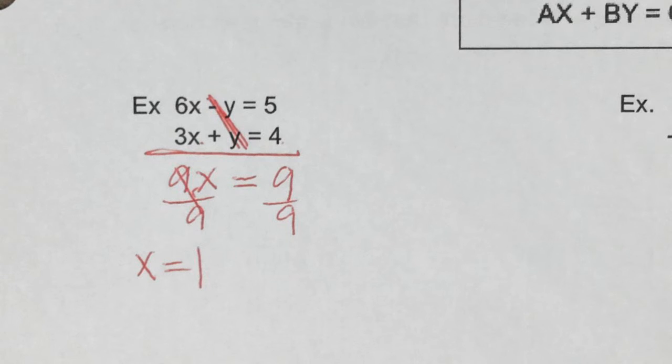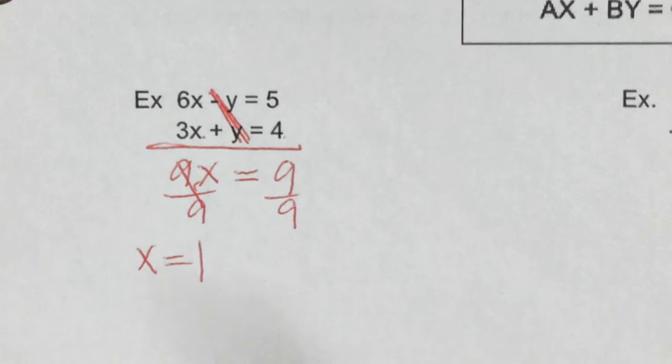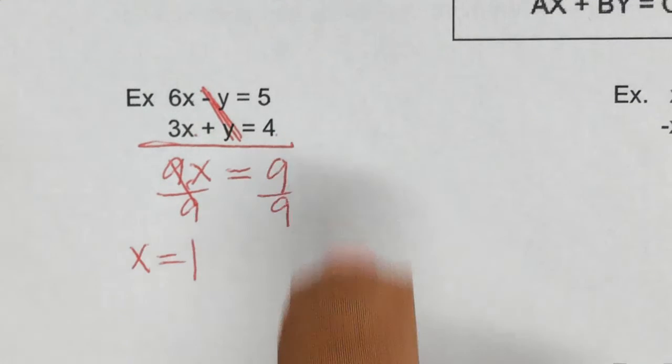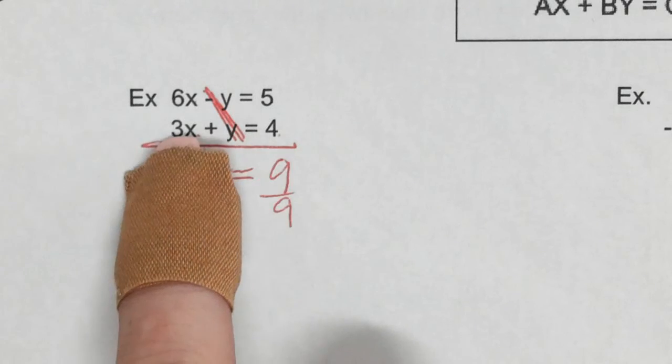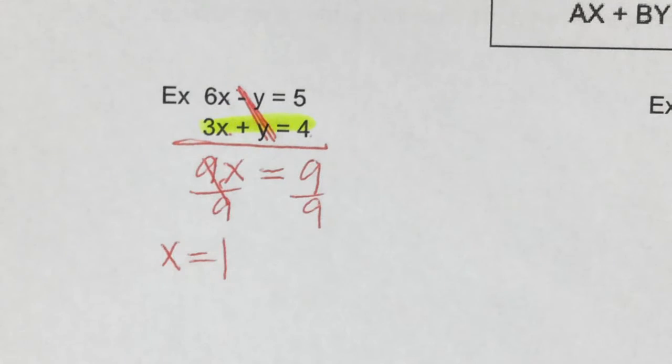All right. How would I solve for y now that I have x? Plug in this number for x. Pick which equation you want. It doesn't matter. I always pick for when y is positive. That's just me. So I'm just going to use this equation right here. I'm going to highlight it, and I'm going to plug that 1 back in.